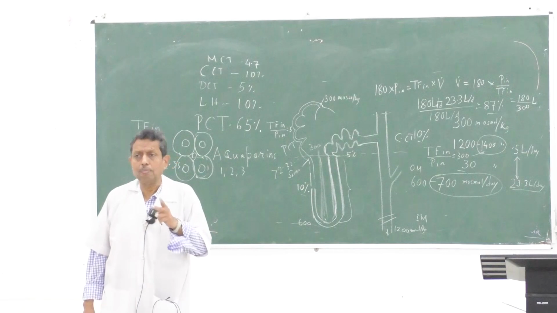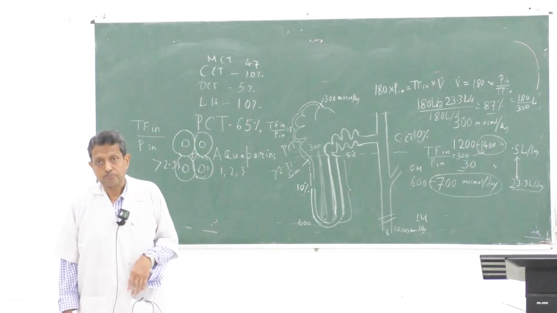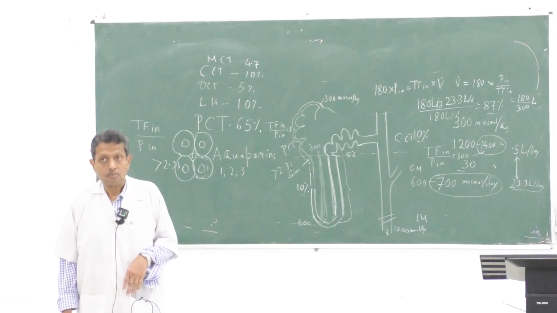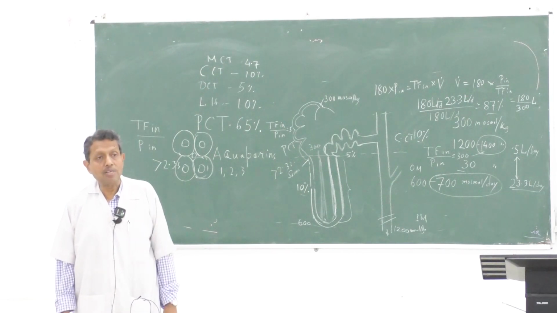There are two terms, countercurrent multiplication and countercurrent exchange mechanism. Loop of Henle is the countercurrent multiplier, and the vasa recta are the countercurrent exchanger.